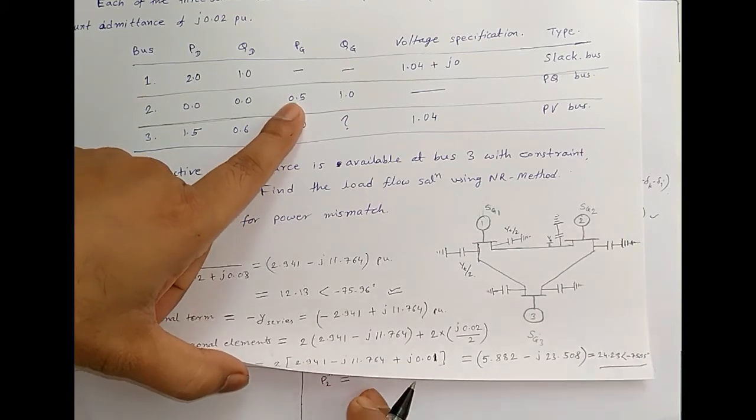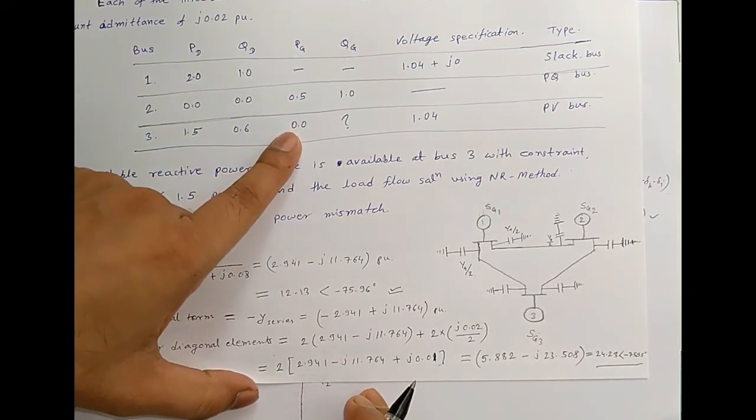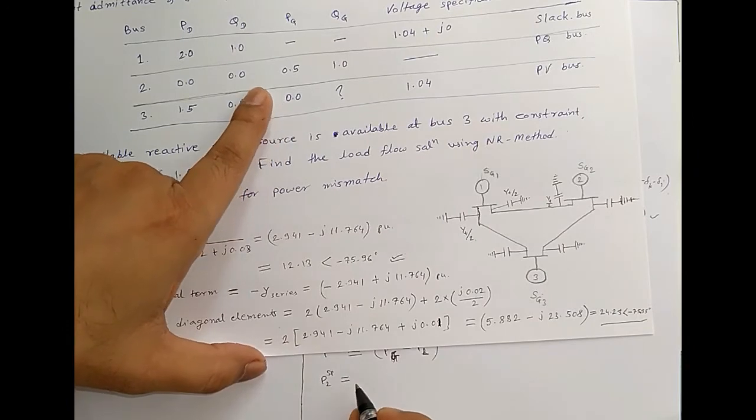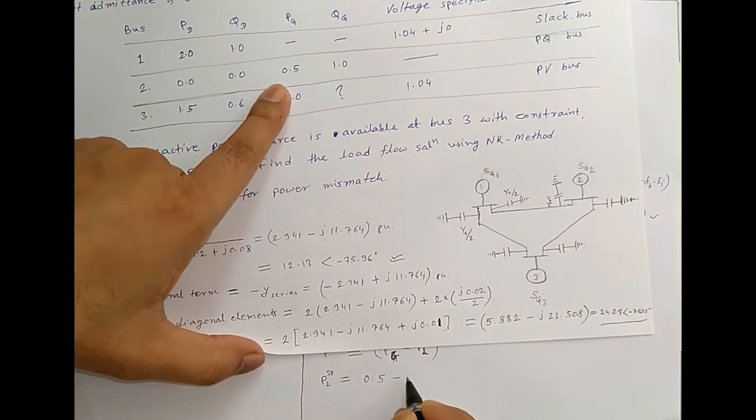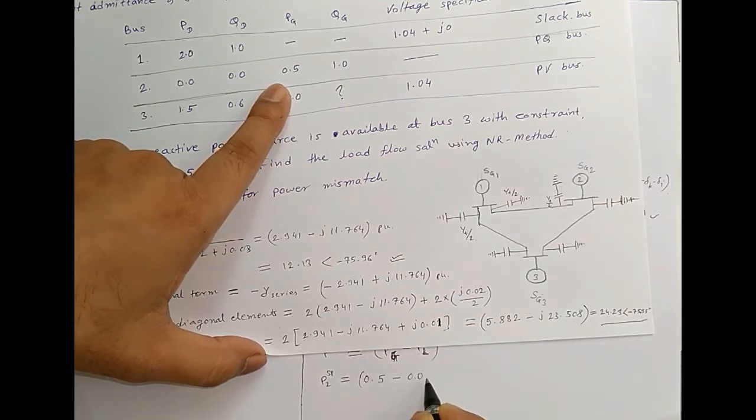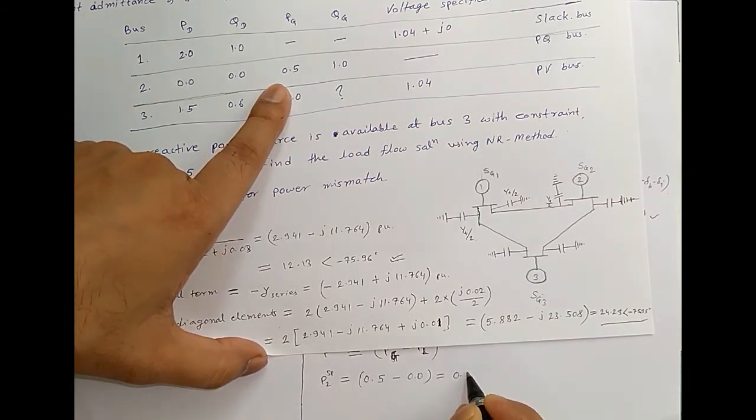So P2 specified will be 0.5 minus 0.0, that means 0.5 pu.